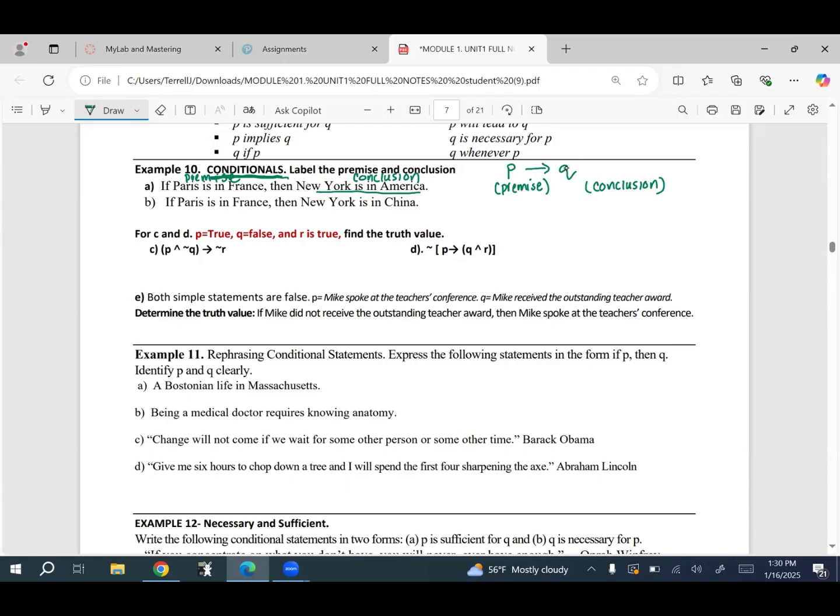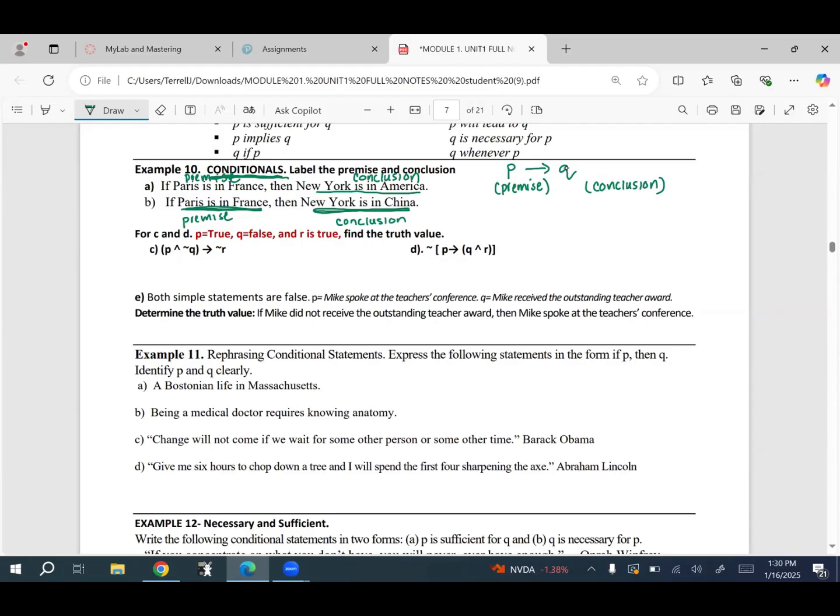And so we look at the next one. If Paris is in France, again, the first part of this is my premise. Then New York is in China. That would be my conclusion. Again, the statement doesn't make sense, but that's not the point.